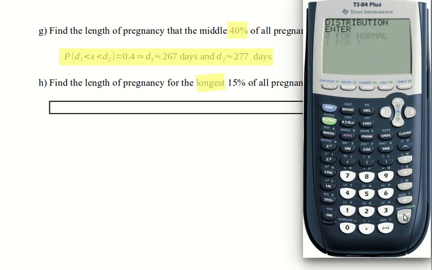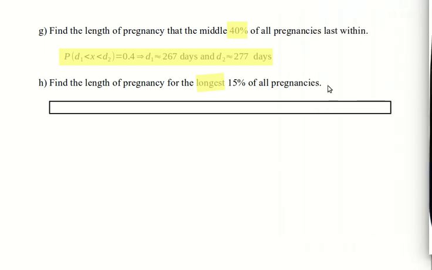So I'm pressing 1. It's normal. We've got our x values, 0 for our x values. The mean is 272. You'll never forget that. The standard deviation is 9, and we're interested in a probability of 15%. And we're interested in longest. Longest is to the right, so I'm going to enter a 1. And it tells me that the boundary is 281 days.